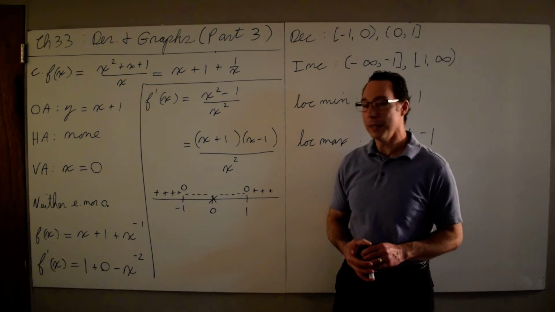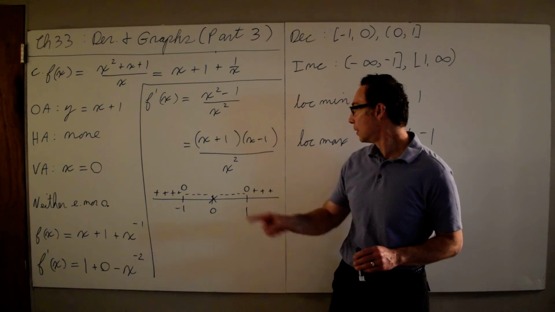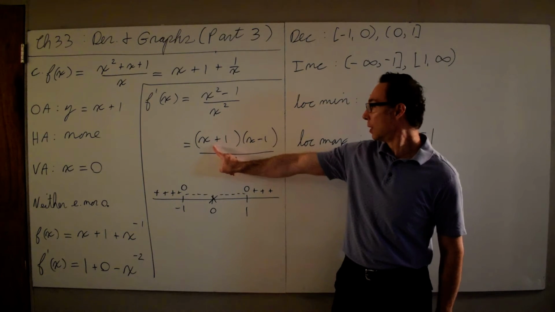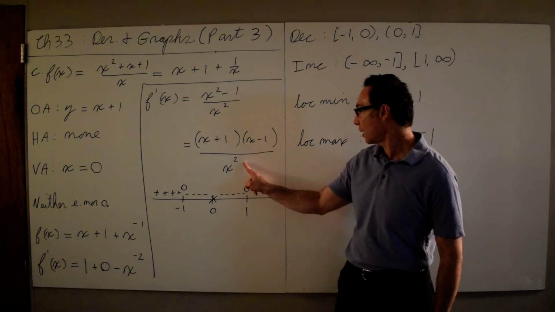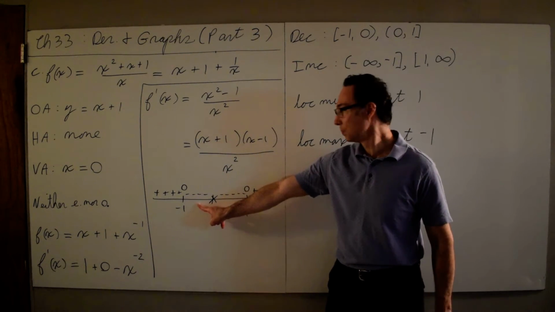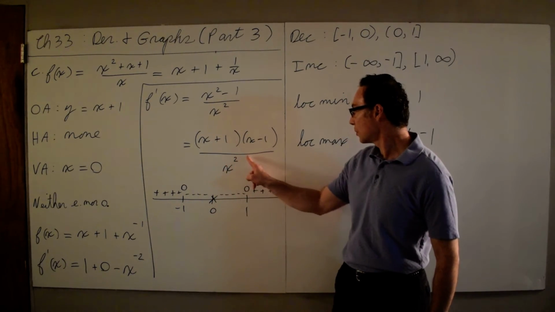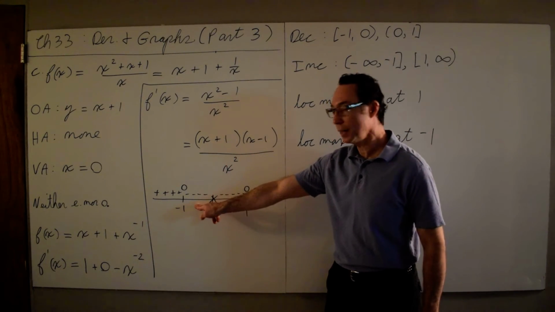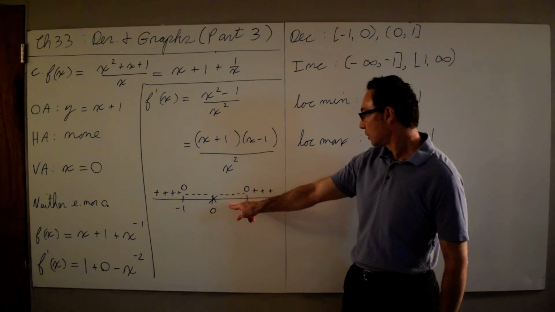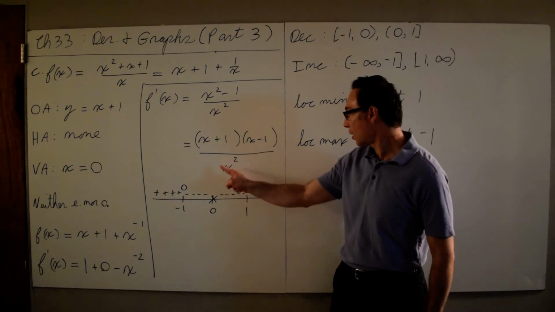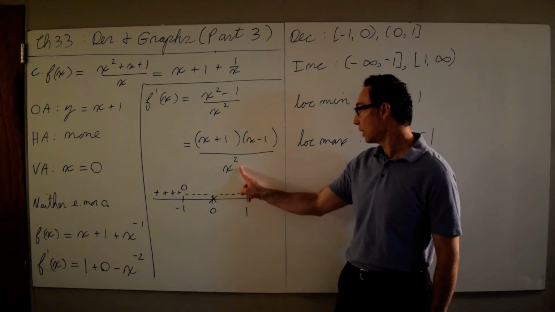If x is between negative 1 and 0, this term is now positive. Positive times a negative divided by a positive is negative. x crosses over. It goes from between negative 1 and 0 to between 0 and 1. This does not change sign. The x squared does not change sign.